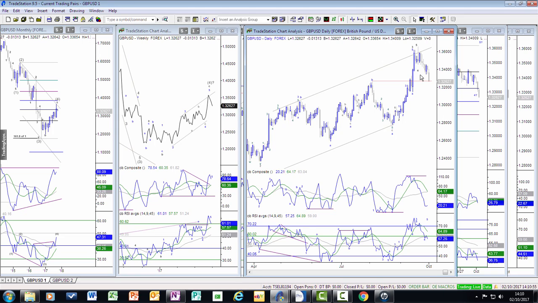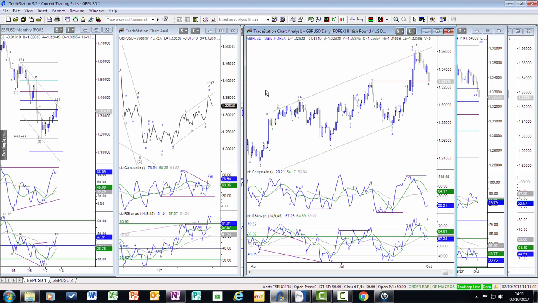So there are question marks over this final completion here. What would add a great deal of evidence is a break of this 4th wave correction here, which is seen here on the daily chart. So it's very much worth keeping a very close eye on this currency pair to see if indeed this 5th wave is now underway.